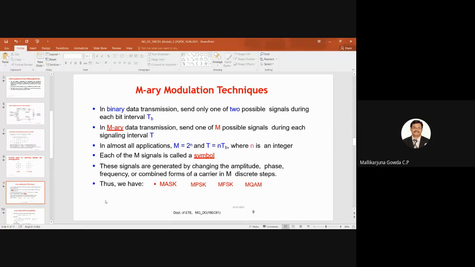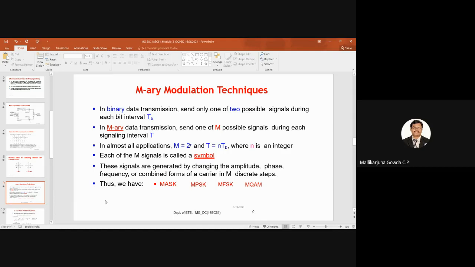Of course, QPSK is an M-ary modulation technique only. Only BPSK is a binary data transmission technique. Because in case of QPSK, we send two bits of information. Two bits is one symbol, right? So we are going to send four possible signals. That is one example of M-ary modulation techniques.